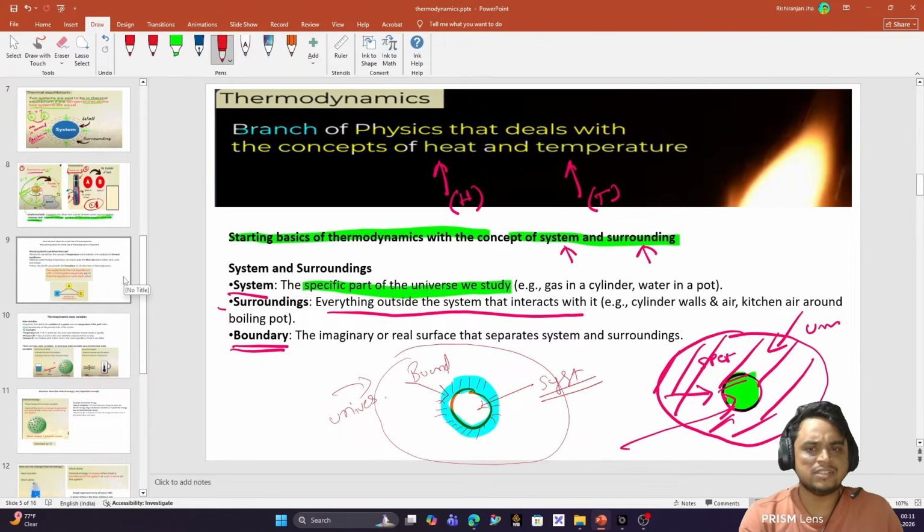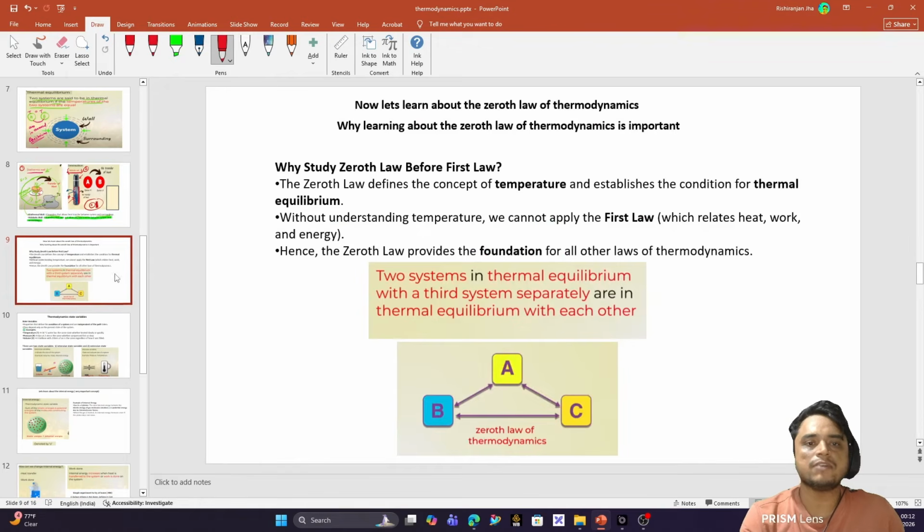It seems complicated, but trust me, it is very simple. Sorry, not the first law, we will study the zeroth law of thermodynamics. It may sound complicated, but it is not complicated at all. It is a very simple and logical thing. Let's learn about, sorry, not the first law, the zeroth law, my mistake.